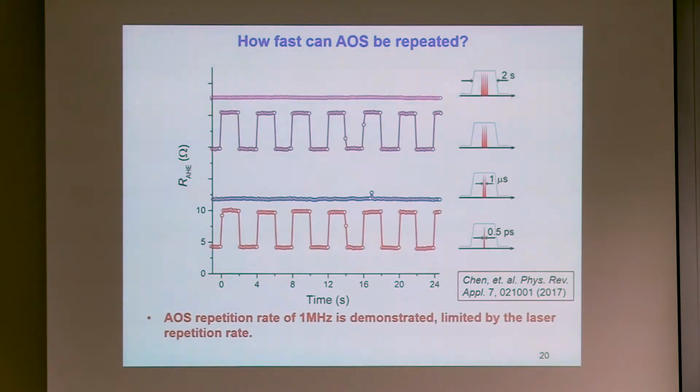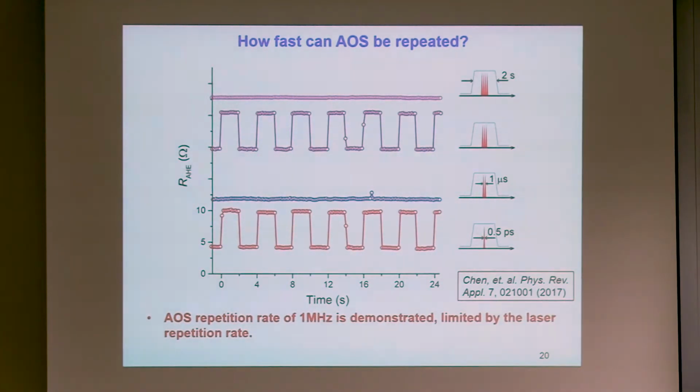The way we do it is we send pulses with a much higher repetition rate, and we pick 1 or 2 using an acousto-optical pulse picker. What happens is if you send 1 pulse every time, you set and reset the device, right? But if you let 2 pulses in together with a tunable delay, the second pulse will reset the switch of the first pulse, right?